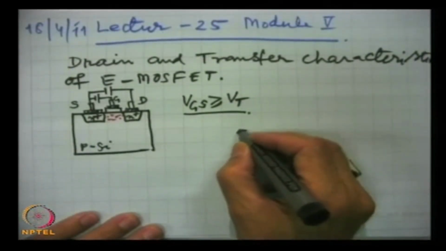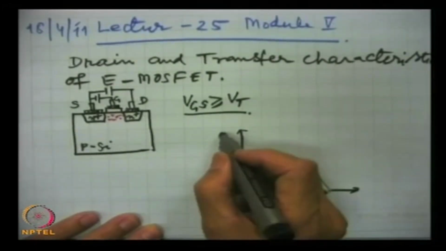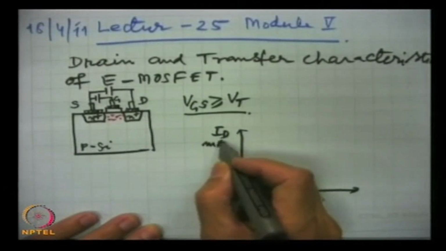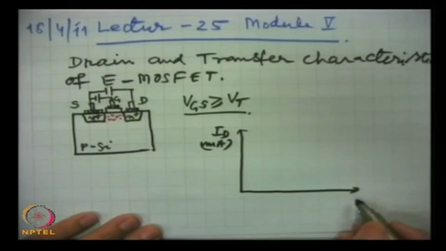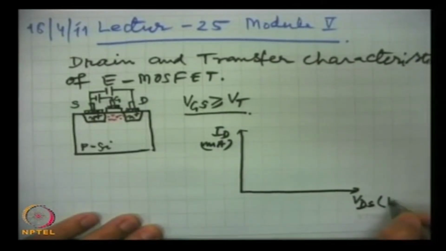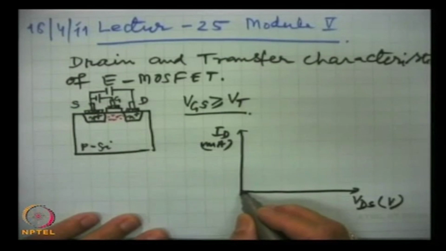We plot these characteristics between the drain current ID in milliamperes, and this is VDS, the voltage between drain and source, in volts, and these characteristics come out to be like this.